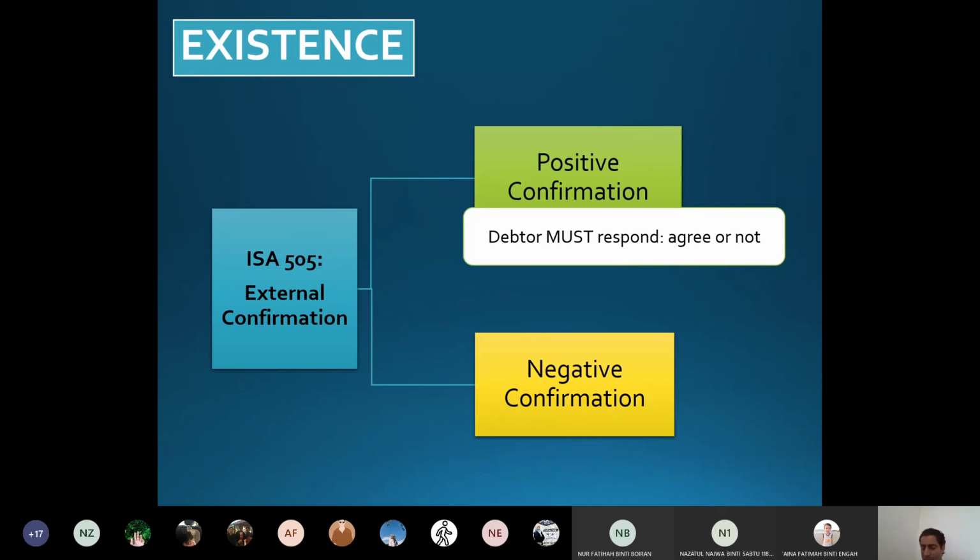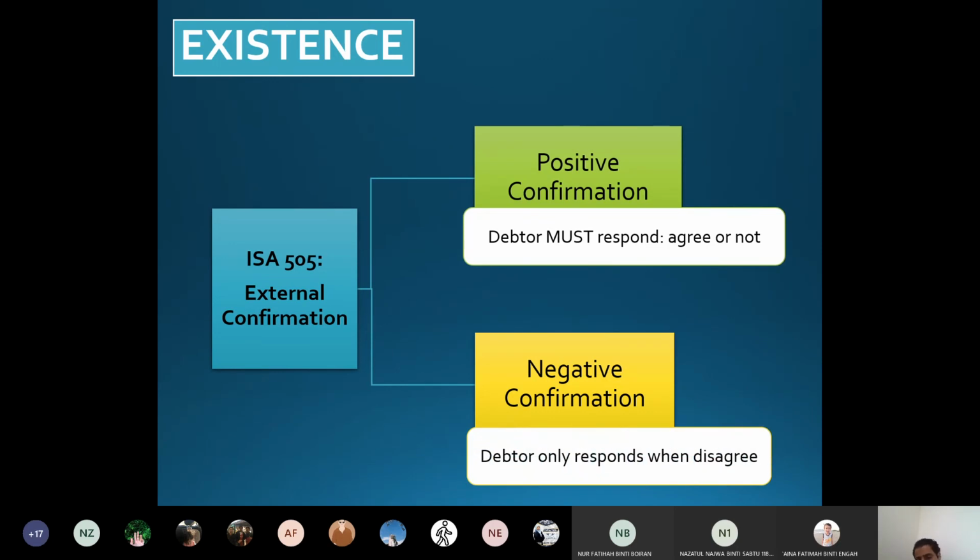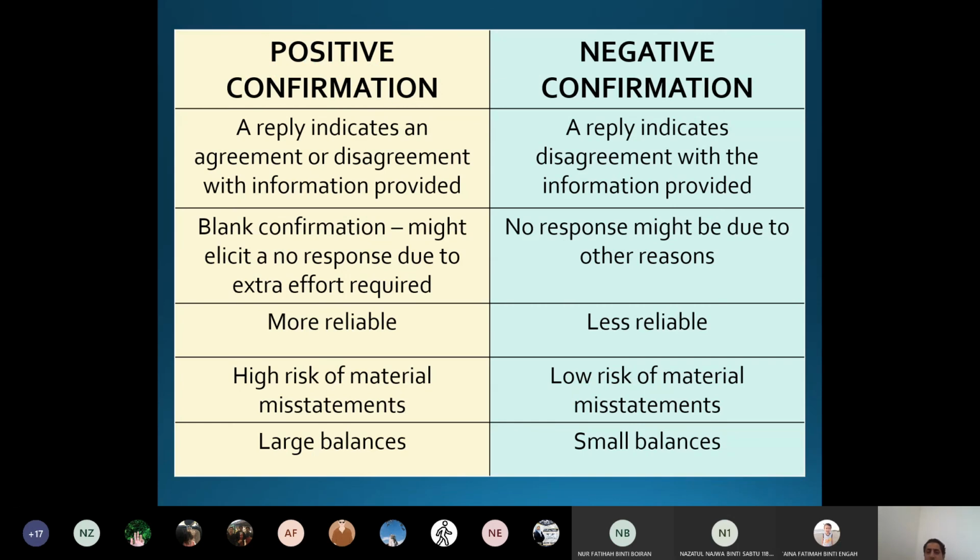So they need to respond whether they agree about the amount we stated in the confirmation letter sent to them. For the negative confirmation, the debtor only responds when they disagree. Okay. So this is comparing the two, positive confirmation and negative confirmation.